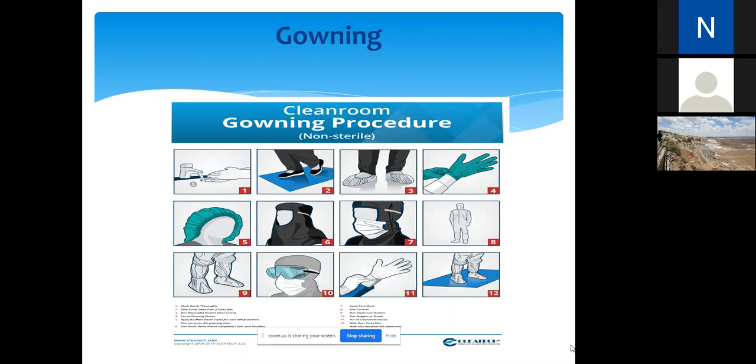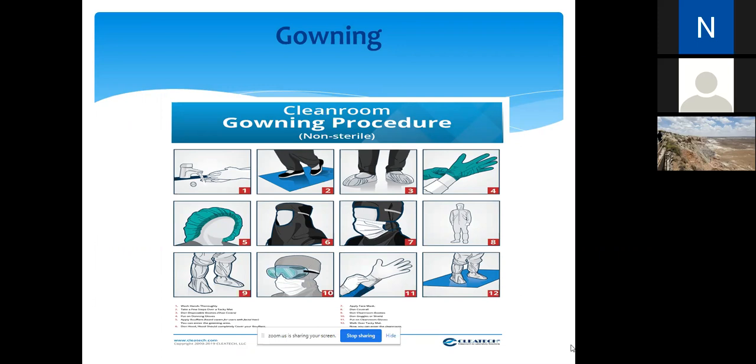Once you get to the gowning area, most of it is really common sense. You start off with the dirtiest part of your body, which is your shoes. So you put your shoe covers on, right? And then after that, because you want to touch different things, you put on your first pair of gloves.